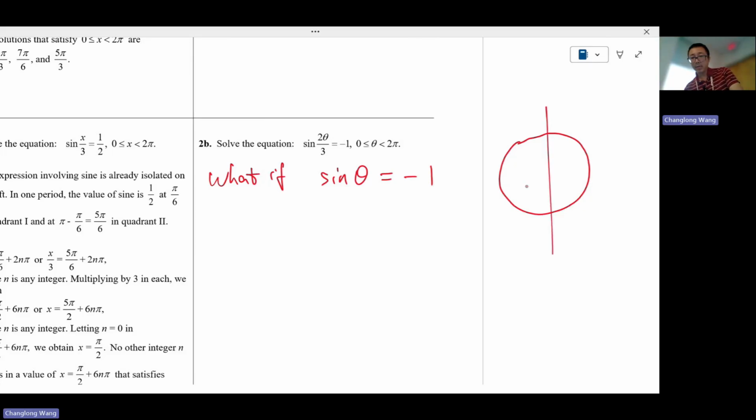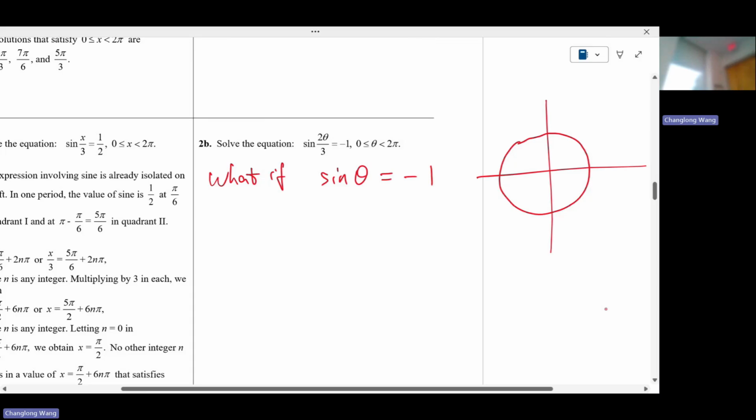It will be vertical, right? So now, where do you think that point has to be so that the vertical coordinate is -1? It has to be over here, right? And this is the only point where the vertical coordinate is -1. And the angle will be 270, right?